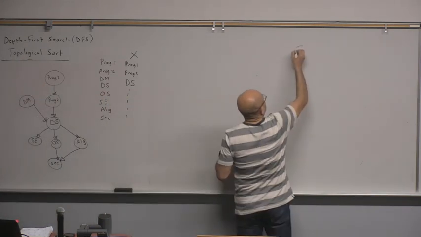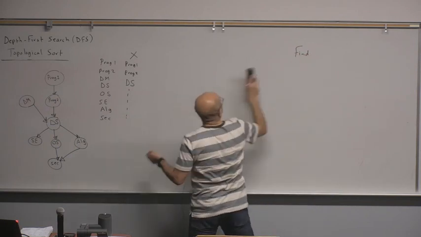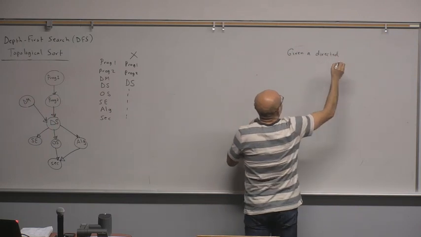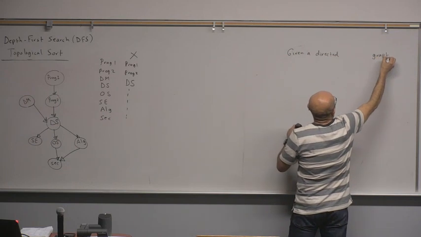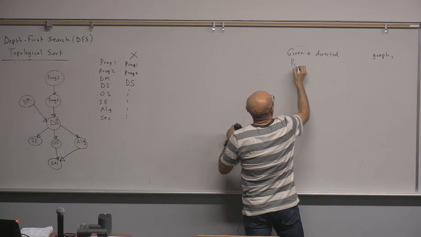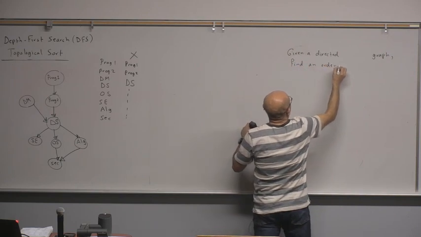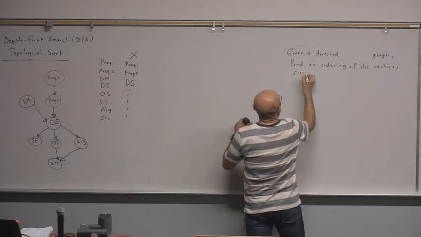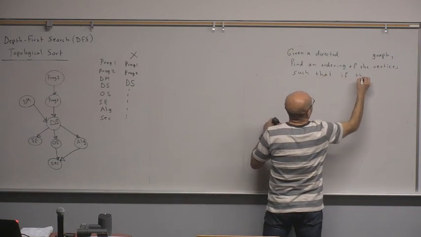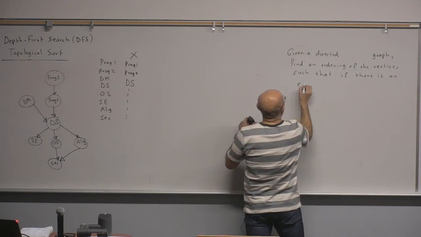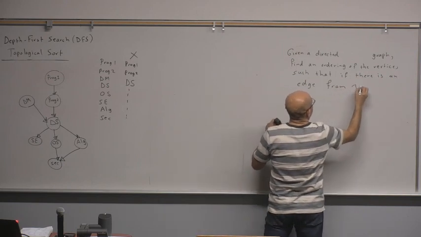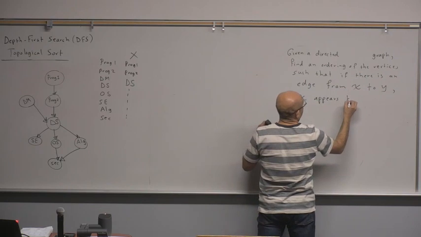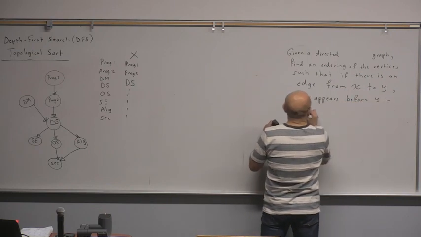So, given a directed graph, find an ordering of the vertices such that if there is an edge from x to y, x appears before y in this order.